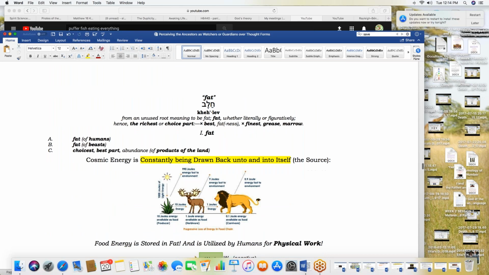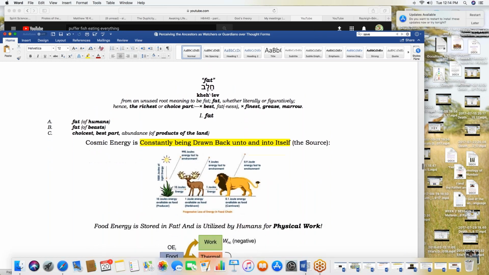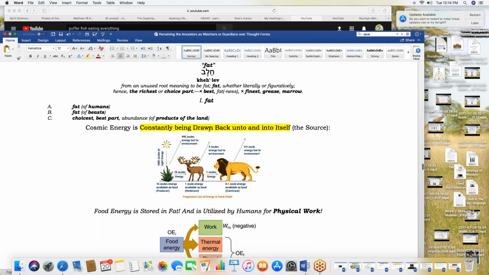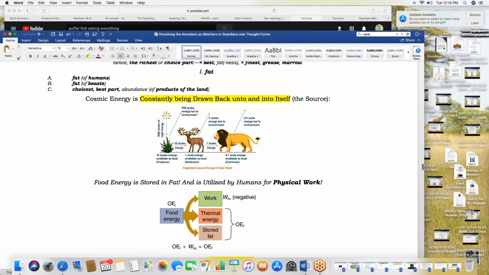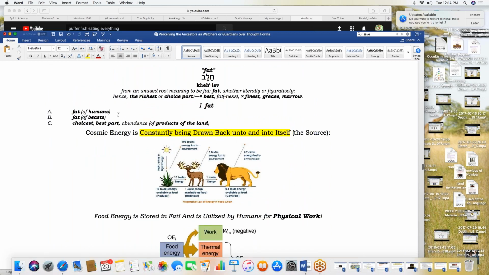So we said that this fat was related to the richest and the choicest or the best part. And why? Because fat stores energy. That is the best part in humans, in beasts, and it refers to the choicest part of plants as well. So all of those things are in the same bucket.